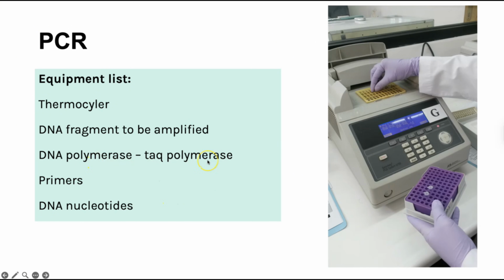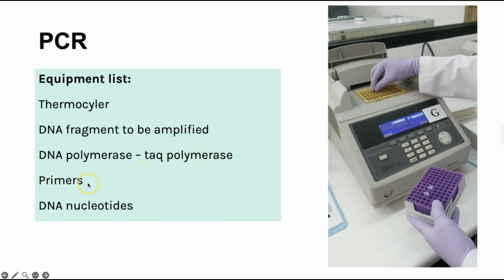So Taq polymerase, this is a version of DNA polymerase that is taken from bacteria that are extremophiles, meaning they can survive in very, very high temperatures like hot springs. And as a result, they've evolved to have a version of DNA polymerase, Taq polymerase, that has an optimum temperature far higher. So we use this so that we can increase the temperature very high in this machine so the reaction happens even faster, but the enzyme doesn't denature.